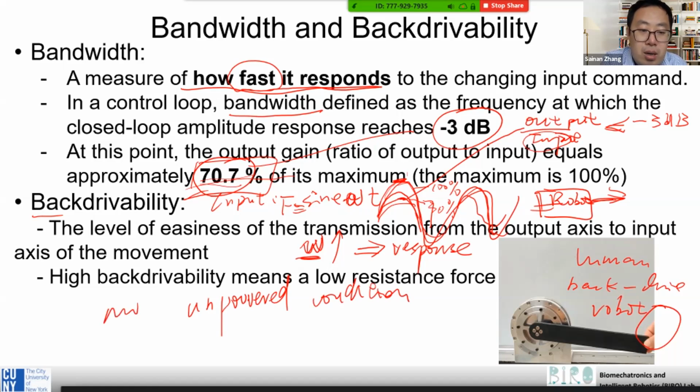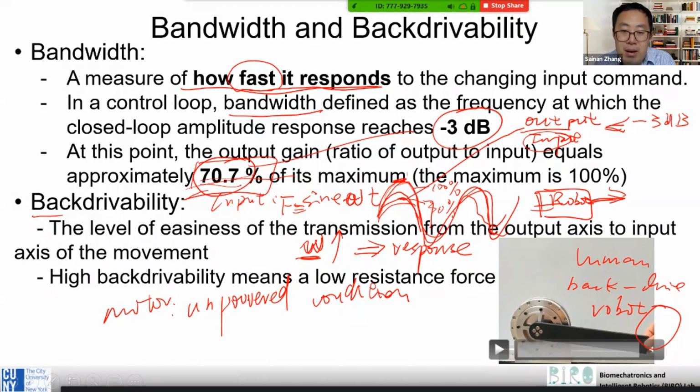So the motor is unpowered. In this case, we don't have any active control. Because it's unpowered and it's just the essential mechanical performance of this actuator, we want to know how backdrivable the system is. You can imagine if we power the system and provide some active control, we can make the backdrivability better.